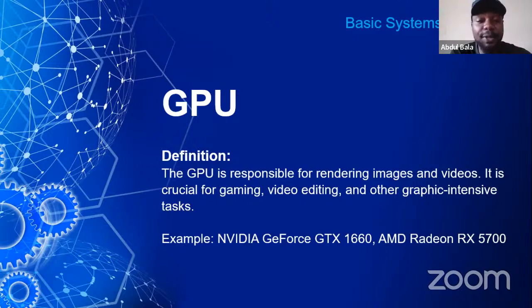For instance, when you're rendering images using Power BI, it's very important that you have a GPU on your system that has the capacity to move fast and has the loading quality you would prefer when interpreting your data or graphs. An example of a graphics processing unit is the NVIDIA GeForce GTX 1660, and we also have the AMD models.